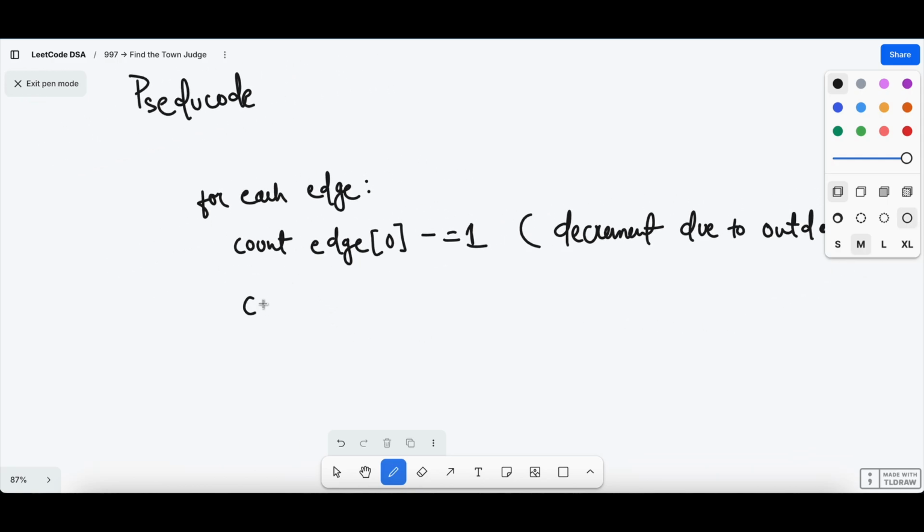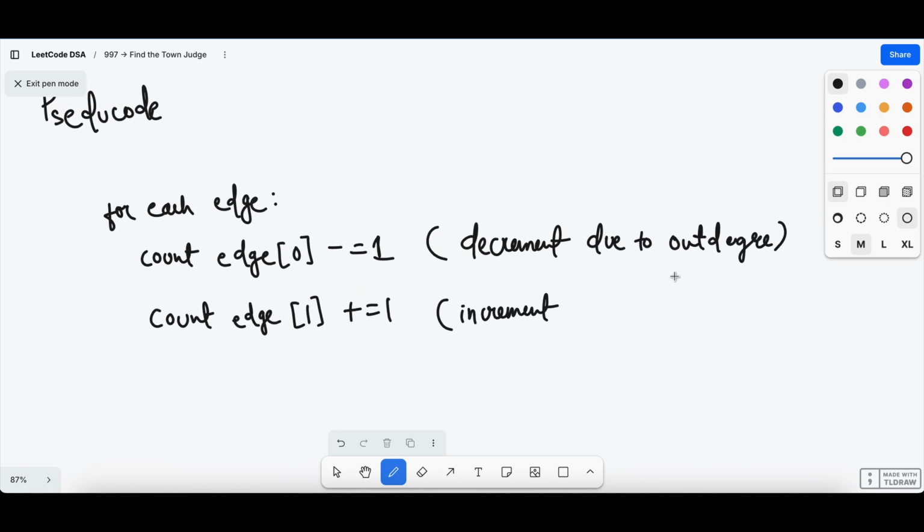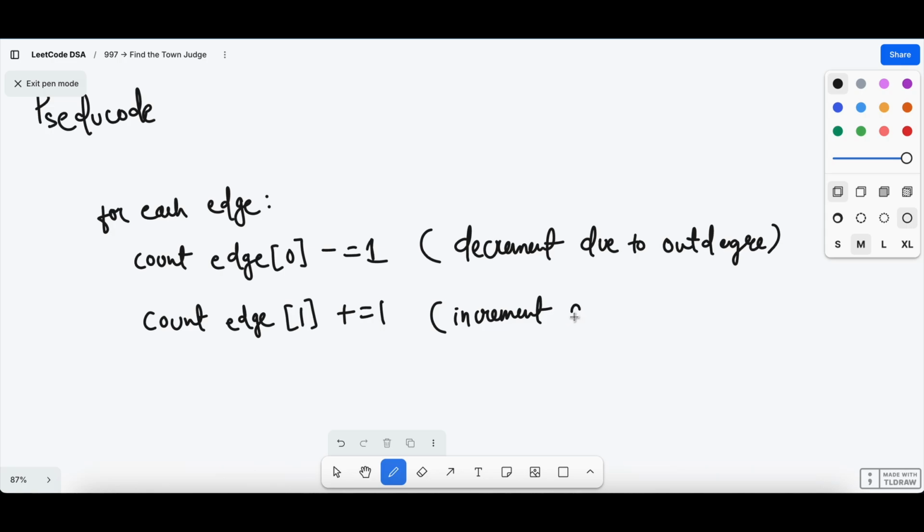And count of edge 1 should be incremented by 1, due to in degree.